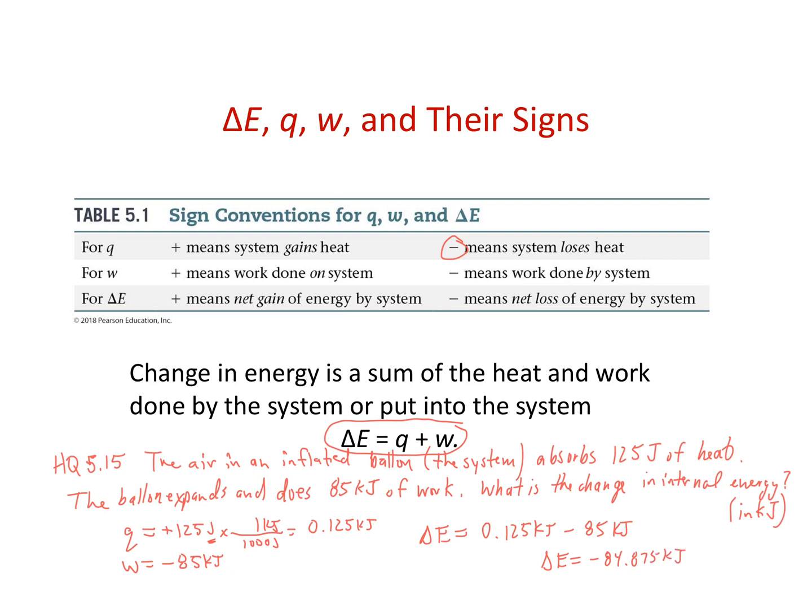Reporting that to the correct significant figures, I've got two significant figures here, so we'd round that answer to about negative 85 kilojoules. As you can see, the heat absorbed had very little impact on the total change in energy because we did so much work during the course of that reaction.